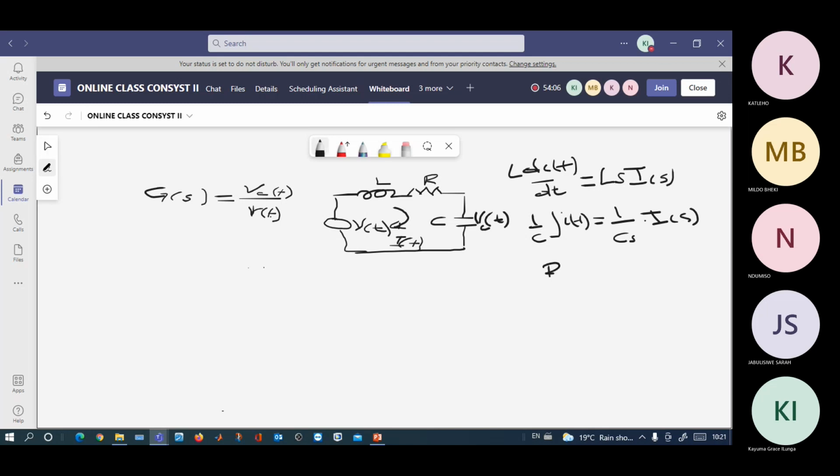And the resistor is going to be only R times I of S. So we all know from electrical engineering that the voltage, let's say in the resistor or whatever, is equal to, let's say VL is equal to Z times the current.